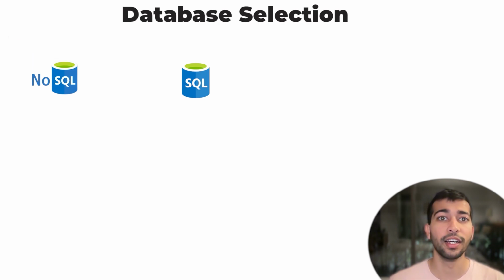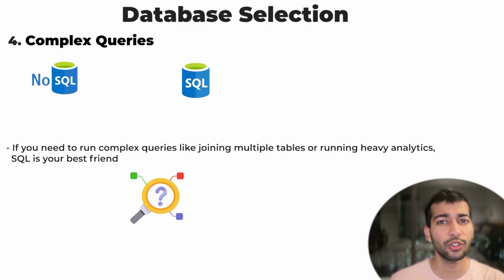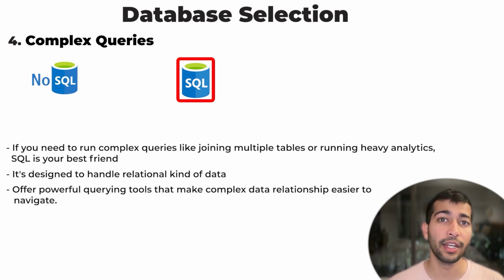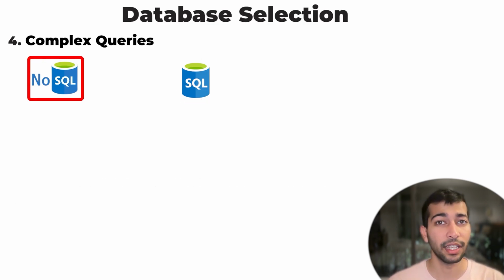The fourth point, complex queries. If you need to run complex queries like joining multiple tables or running heavy analytics, SQL is your best friend. It's designed to handle relational kind of data and offers powerful querying tools that make complex data relationships easier to navigate. Now, NoSQL keeps things simple.